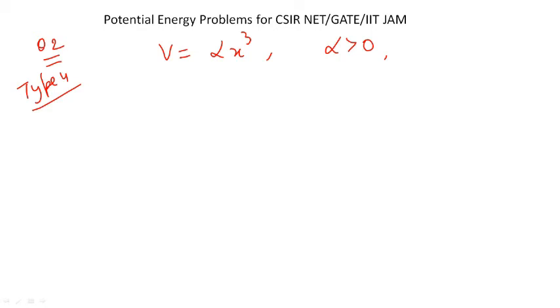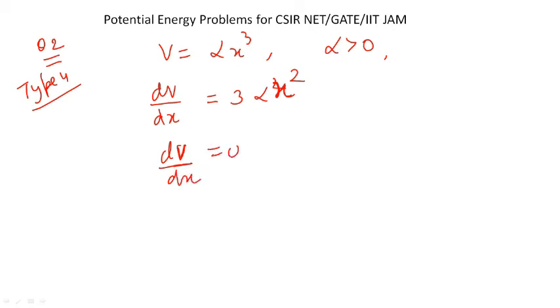Here we will find dV over dx. So dV over dx is 3 alpha x square. Then we put dV over dx equal to 0.